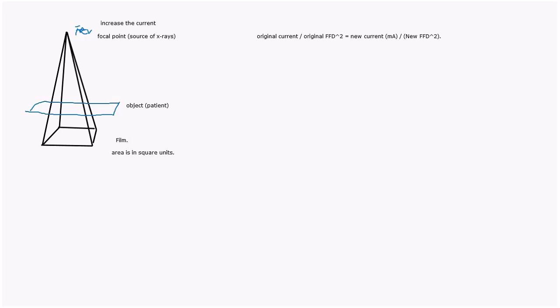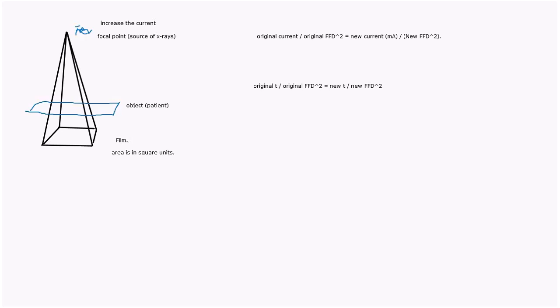So our next equation is original time divided by original distance equal to new time divided by new distance.